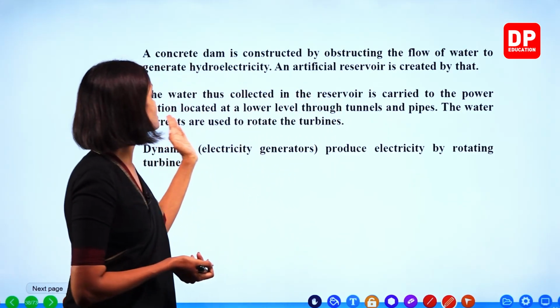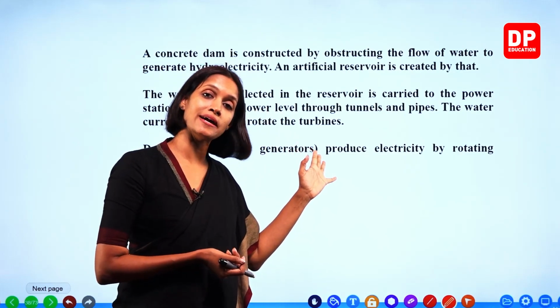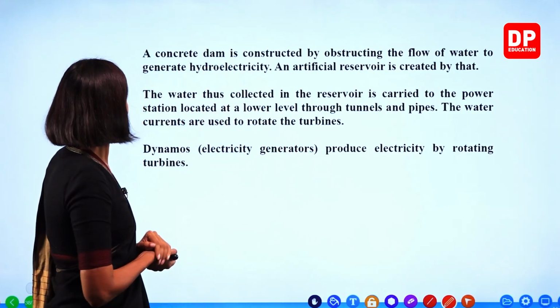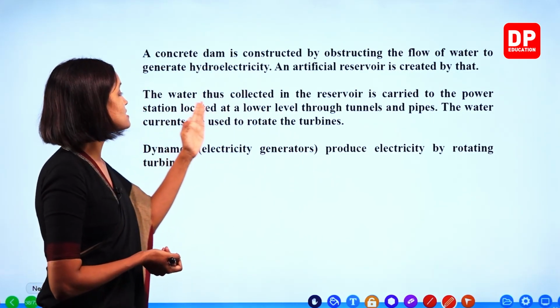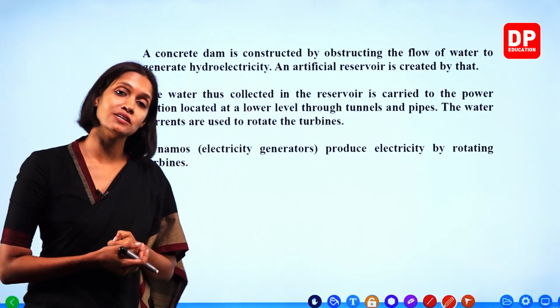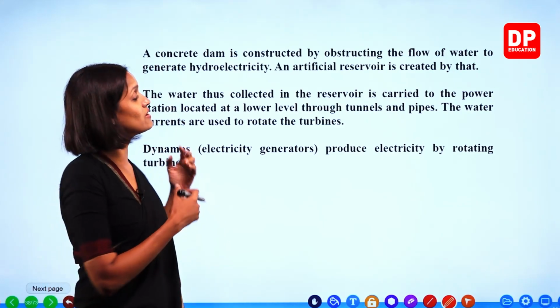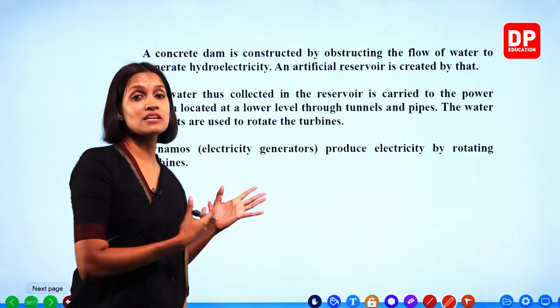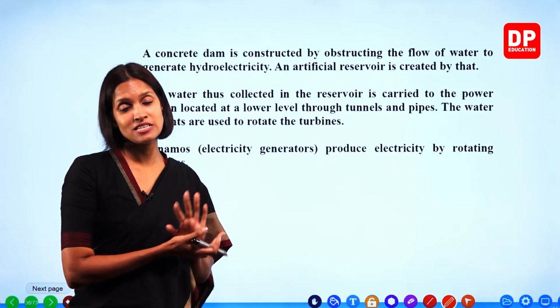The water currents are used to rotate the turbines. So dynamos or electricity generators produce electricity by rotating turbines. Even in the third lesson under electricity we learned this process.